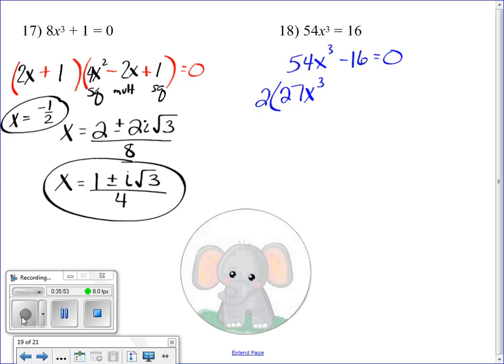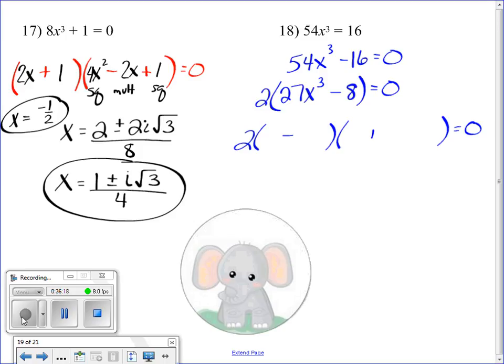What do I have left? 27x cubed minus 8. You guys with me? I'm just taking out a 2. That's old school. I just took out a GCF. Now, are 27 and 8 on my list? Yes. So I know now it works. Signs?